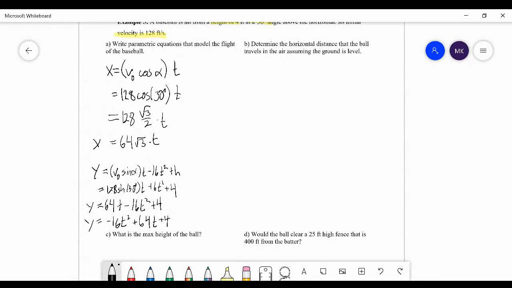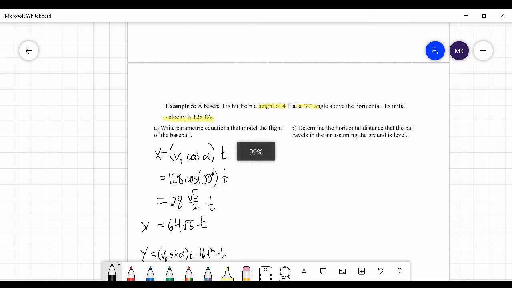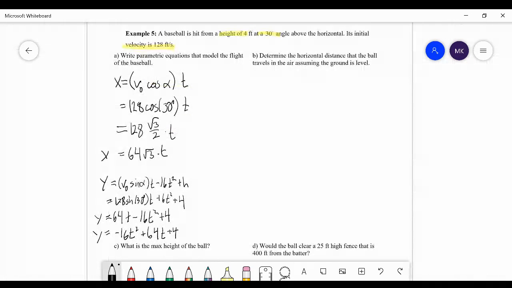Okay. Now, what about our parameter? How big is t? Well, because we don't know anything about when this stops, we don't know the end point, what we simply say is that t is greater than or equal to 0.